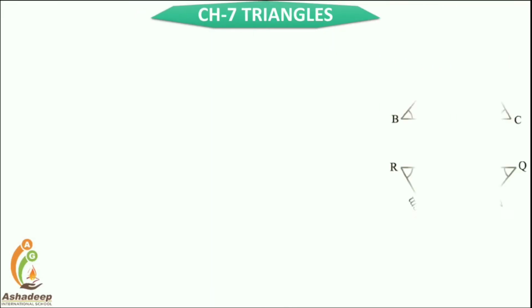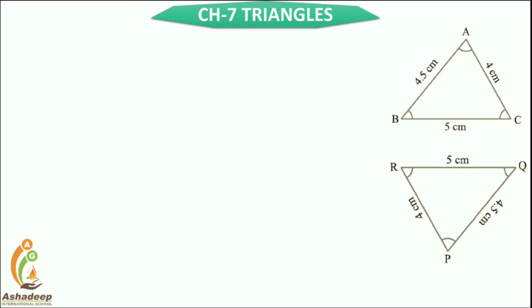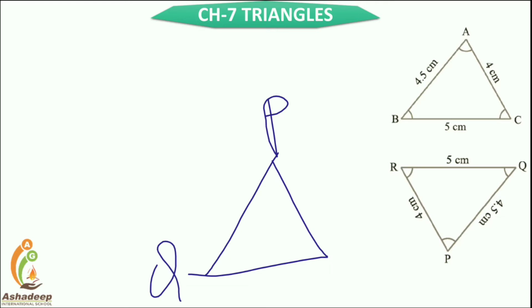Okay, now let's move ahead. See, this is A, B, C, and this is P, Q, and R. If you simply turn this this way, it becomes nothing but P, Q, and R, with 4.5, 5, and 4.